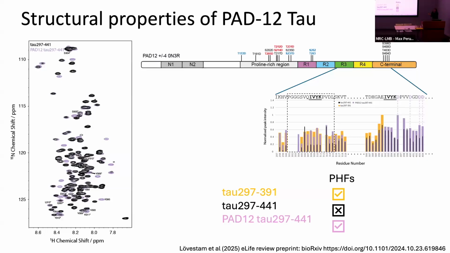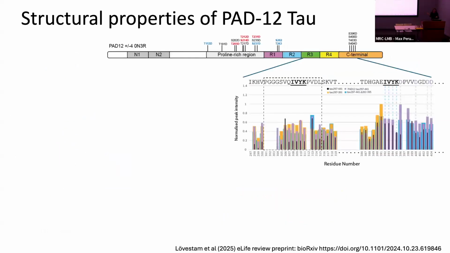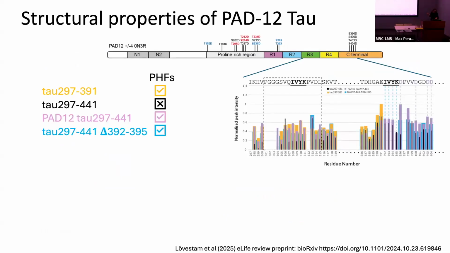One thing we noticed is that near the mutation sites, we have a second IVYK motif that also appears in the tau sequence. So Sophia thought, let's mutate out that IVYK, let's get rid of that IVYK sequence and see what happens. We studied that by NMR.